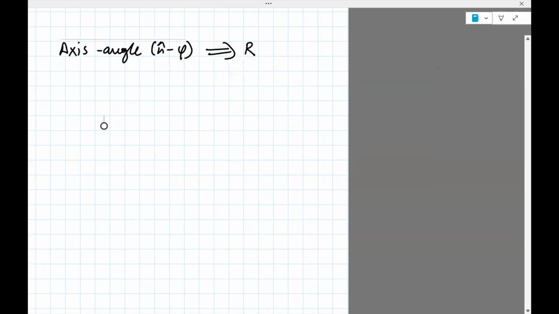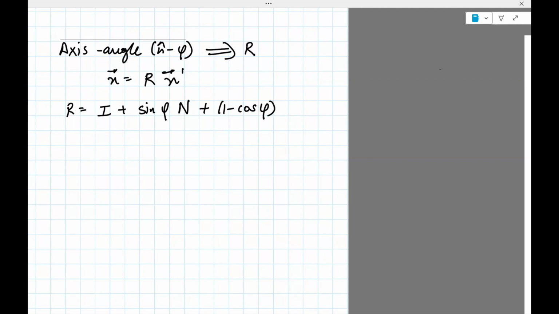That arrow direction means that given n, psi, I will give you a formula for R. So if we have x equals R times x bar, then this R is given by the identity plus sine psi times N, and I'll write down what N is in just a bit, plus (1 minus cosine psi) times N squared.